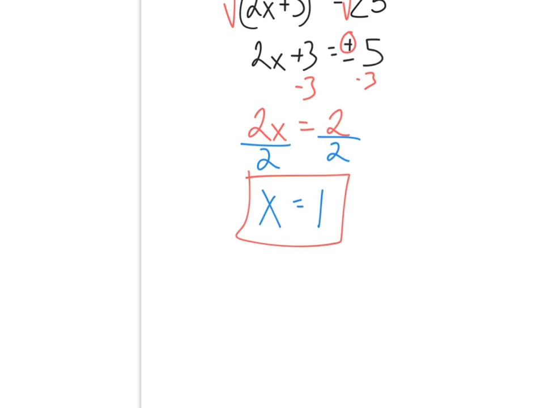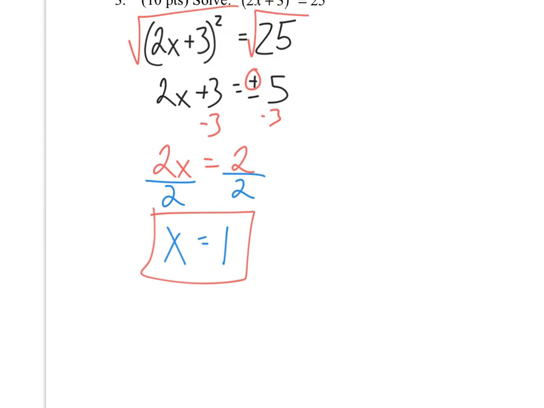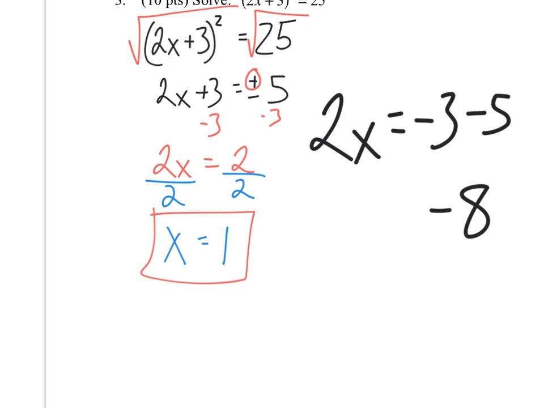We're finding roots, right? But I also know that because we reduced the perfect square 25 to plus or minus 5, we've got to figure out what the other root is, and I can see that it's also minus 5. So let's write that: 2x equals, and if we subtract 3 from both sides, it's going to be negative 3 minus 5, which gives us negative 8.